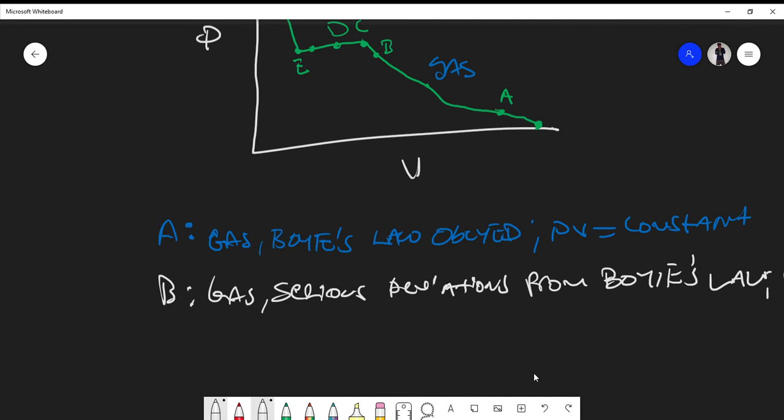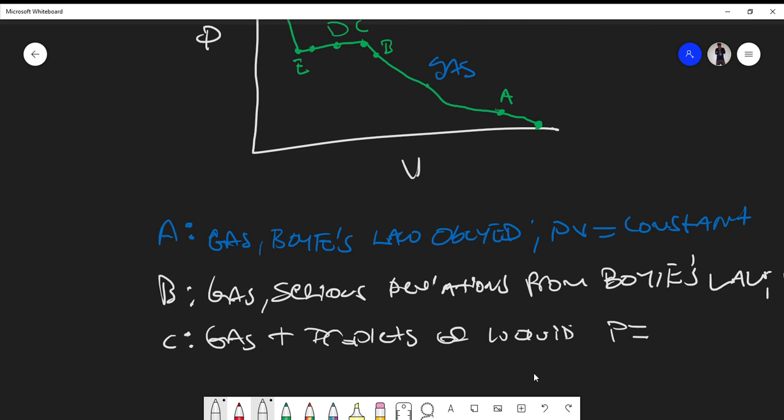How about C? Point C, we have a gas plus droplets of liquid. In this case, we would say that P is equal to a constant as V decreases.